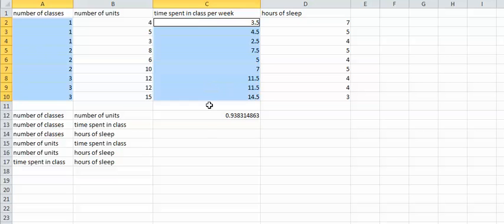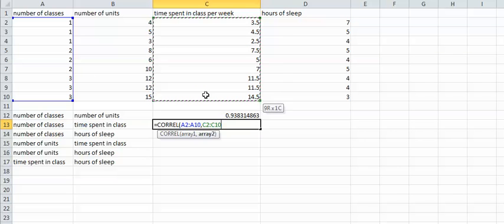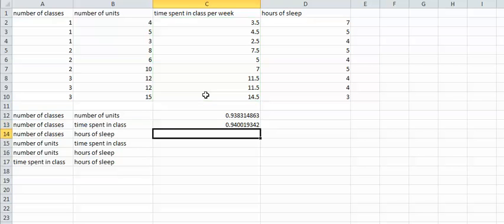So we can type in equals CORREL, highlight this, comma, highlight this, close it, and press enter. If it's a weaker positive correlation, it'll come out closer to 0, something like 0.5 or 0.6 instead of 0.9. I was actually wrong. It's pretty much exactly the same as the first correlation.